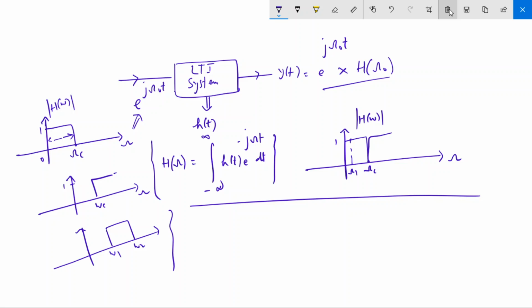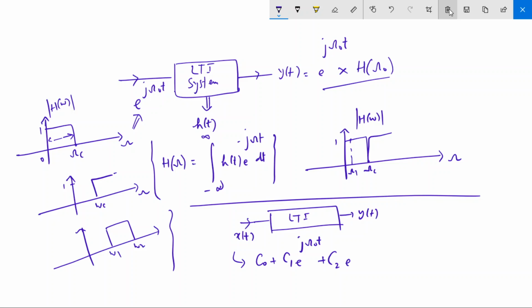Now using this, you can have an idea of how the frequencies will be passed through a system. Now we have x(t), which is a periodic signal, processed by an LTI system, giving y(t). Since this signal is itself periodic, I can decompose it in terms of Fourier series, plus and minus and so on. So what will be the output?